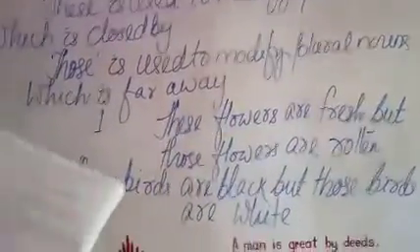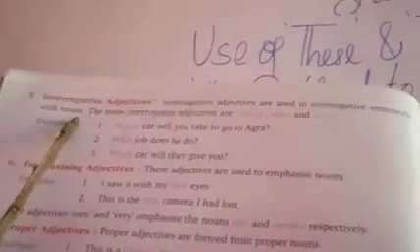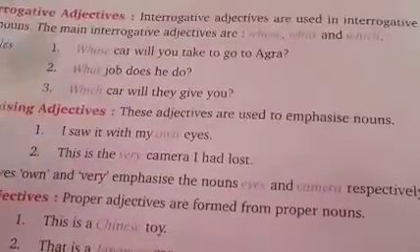Dear students, now we go to a new topic. Just you look at your book. Interrogative adjectives. Interrogative adjectives are used in interrogative sentences with a noun. The main interrogative adjectives are whose, what and which. Whose car will you take to go to Agra? Here, whose modifies car.